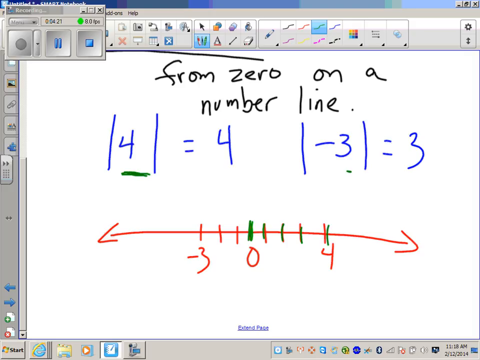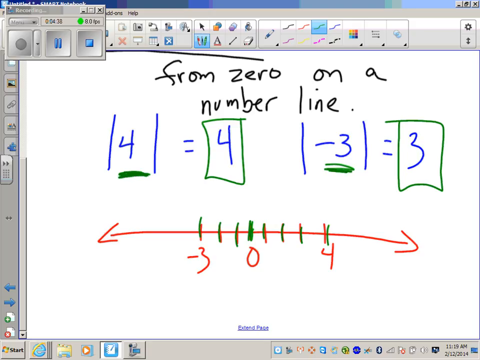If I wanted to find that for negative 3, I'd say here's my 0. 1, 2, 3. Now don't worry about left or right, okay? But your answer to that absolute value question, whether you're finding the absolute value of a positive integer or the absolute value of a negative integer, is always going to be positive. The value is the value, okay? And that's very important when thinking about adding integers.